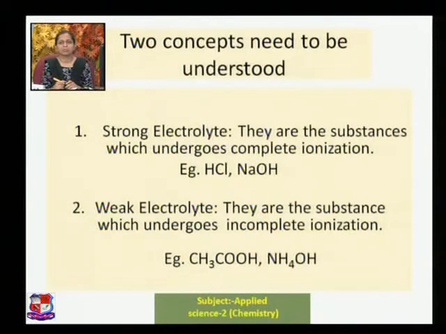These undergo complete ionization, forming H plus ions and Cl minus ions, and Na plus ions and OH minus ions. Second is the weak electrolyte. Weak electrolytes are substances that undergo incomplete ionization. Examples are acetic acid, CH3COOH, and ammonium hydroxide, NH4OH.